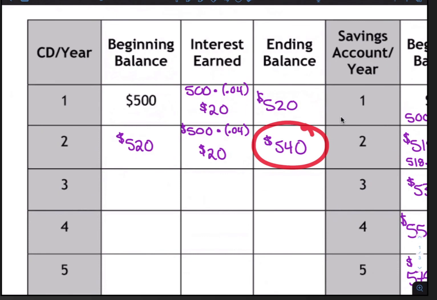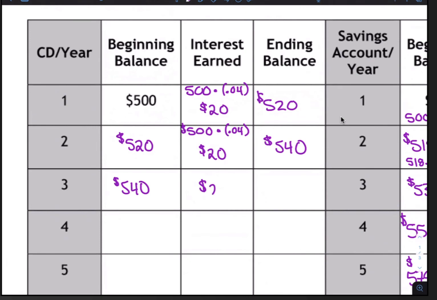We'll transfer the ending balance here to be the beginning balance of year 3. So that's 540 is the beginning balance. The interest is going to be the same interest as before. It's still going to be 500 times 0.04, which is $20.